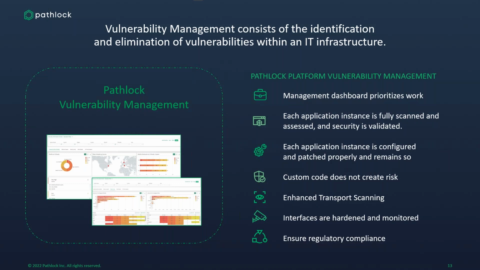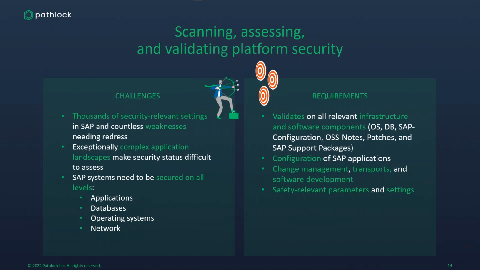These points are leading us to the following challenges. In SAP systems, you have thousands of security relevant settings, besides some parameters and so on. And this leads to a potential weakness on many layers.